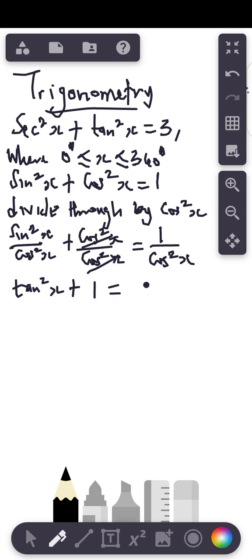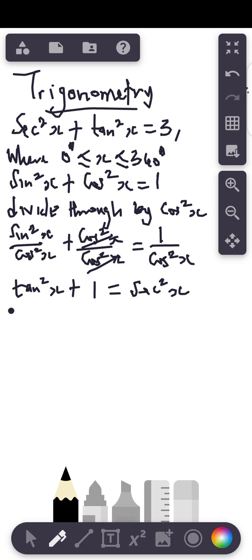So inverse of cos squared x will give us secant squared x. So now we have secant squared x to be tan squared x plus 1.